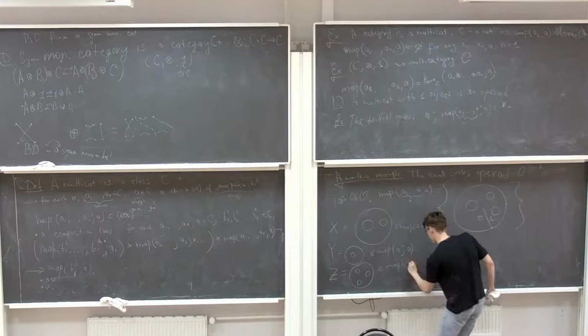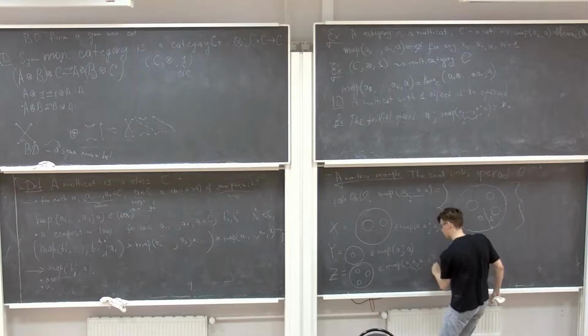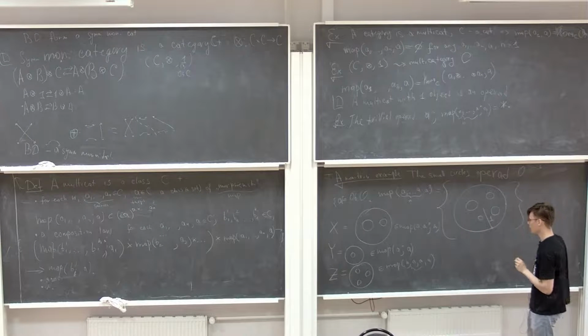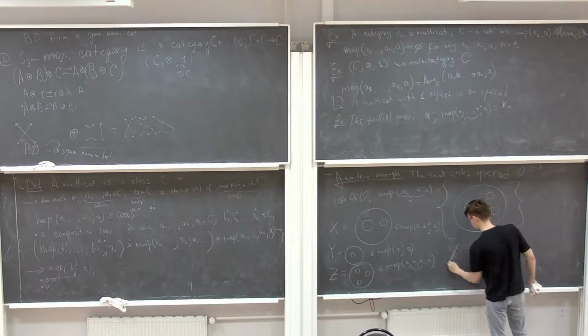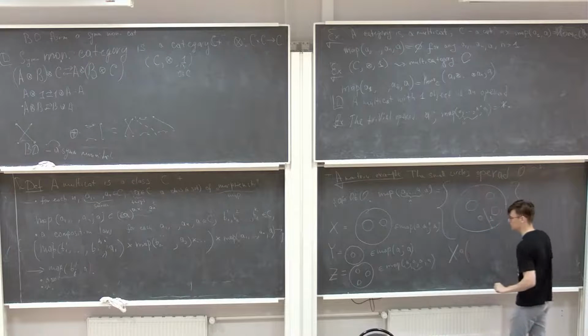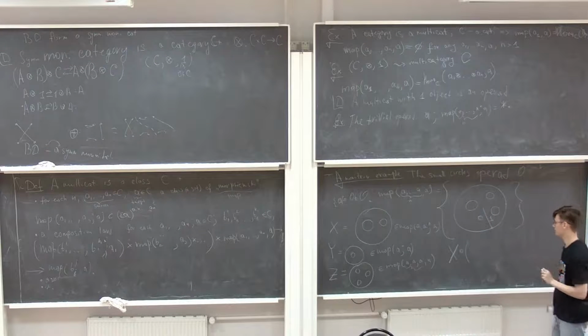So it has 3 sources and 1 target. Now we may compose them. X has 2 places, so we may substitute into it Y and Z.